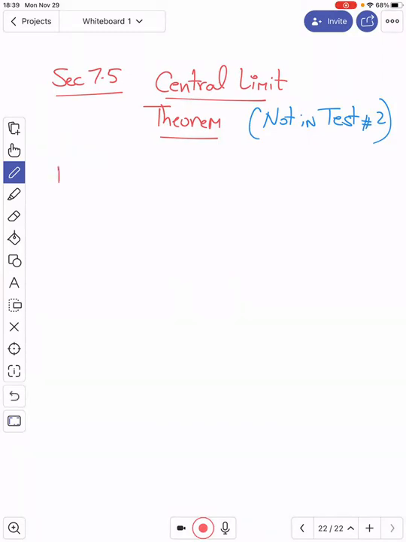So the first theorem, theorem 1, is for a normal distribution.